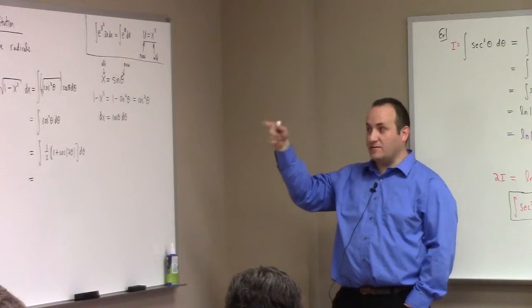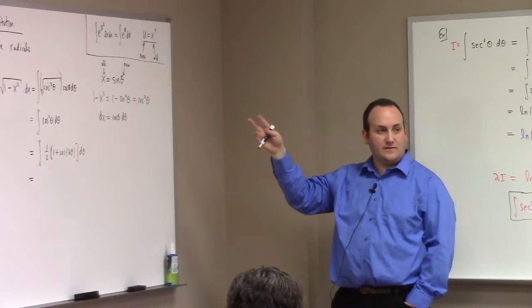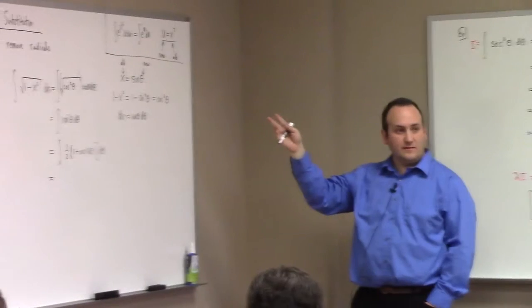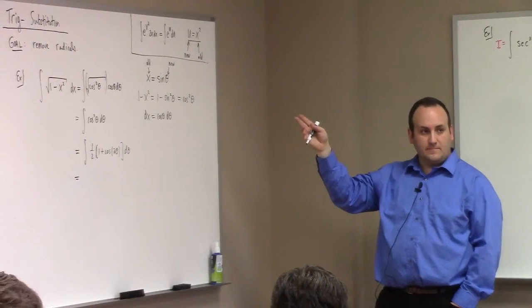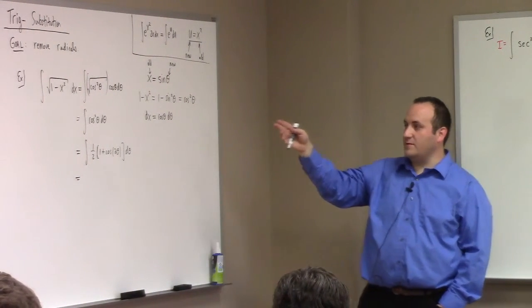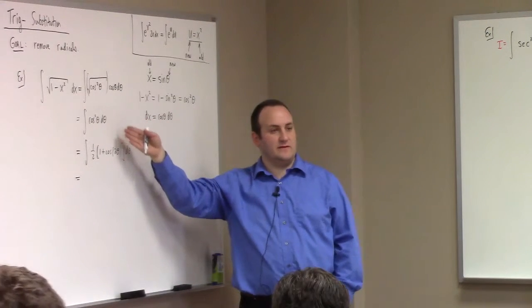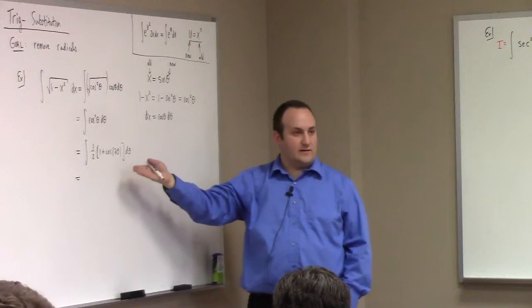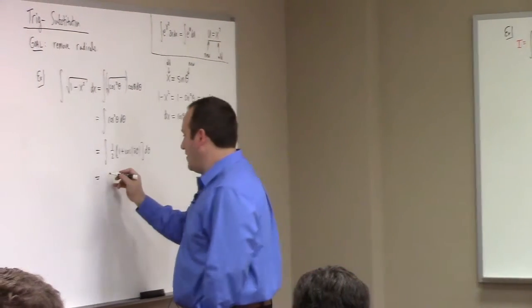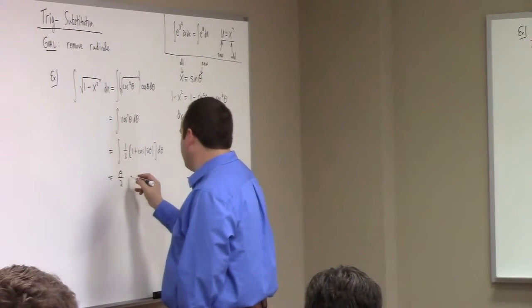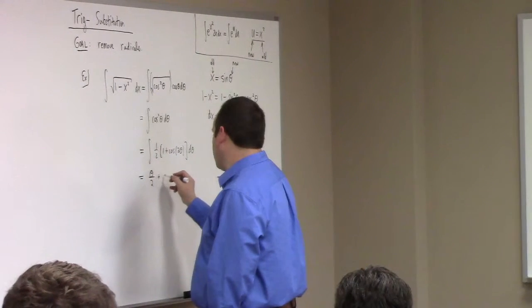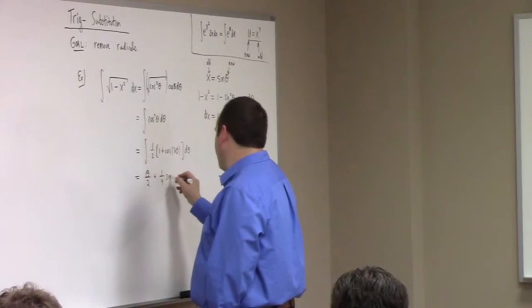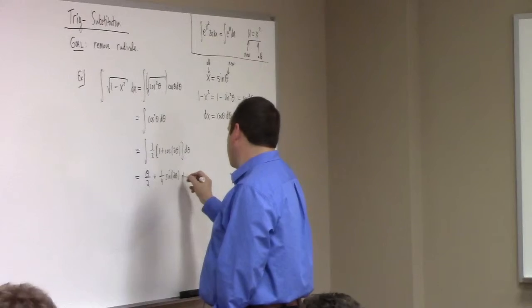So we remove the radical by converting the thing under the square root to a square. And then we use integrals of trig functions, which we learned yesterday, and are still learning because you've got to do your homework. And now we can integrate, which is what? We got ourselves theta over 2 plus 1/4 sine 2 theta plus a constant.